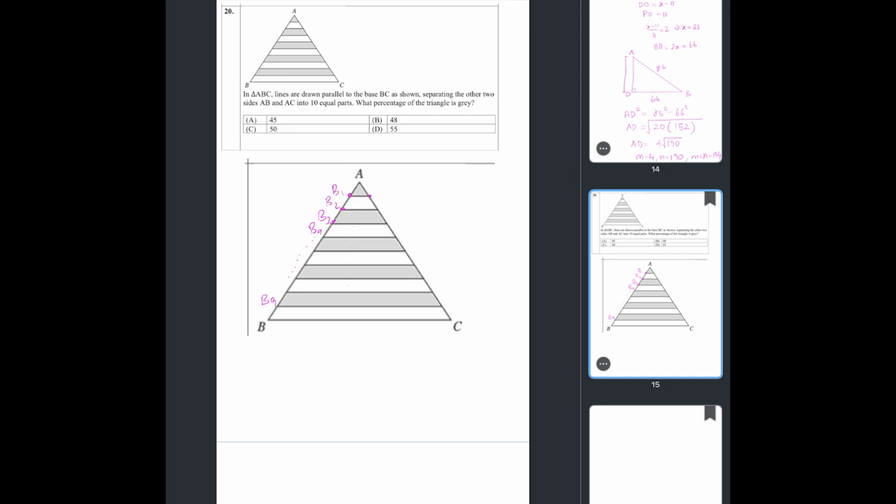And if we have these points as C1, C2 up to C9, right?